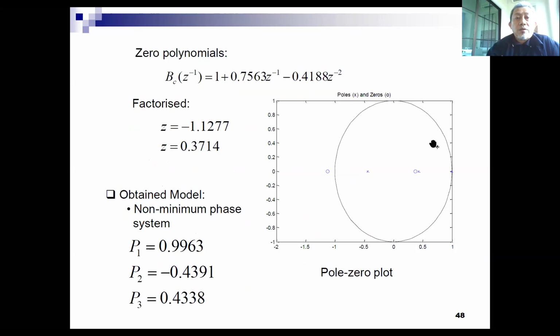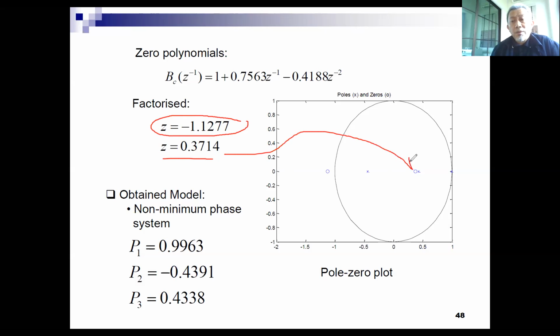Then the zeros value will be minus 1.1277, and the other zero is 0.3714. You can see that there is 1 zero outside the unit circle, and this zero is inside the unit circle, which is this one.